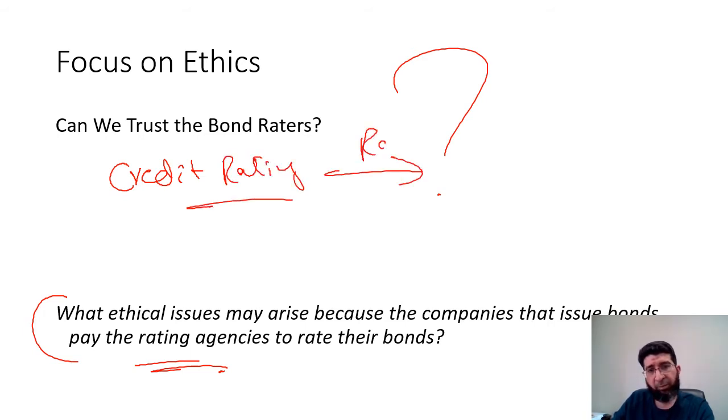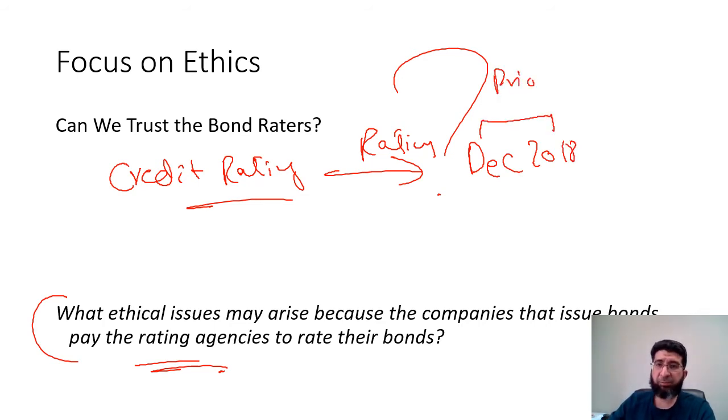does the rating of a firm, let's say in December 2018. So all the data prior to 2018 has been used in calculating the credit rating, and it came out to be triple A. Now in 2019 something happens.